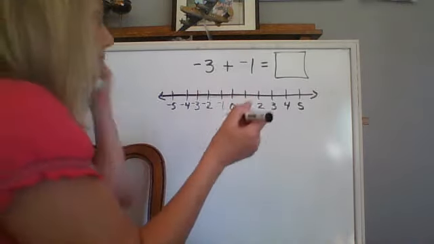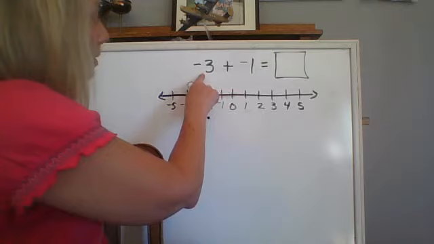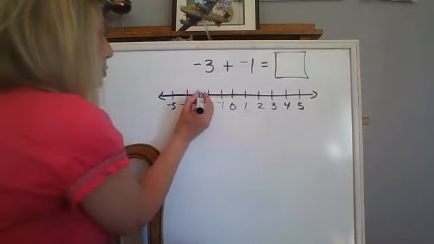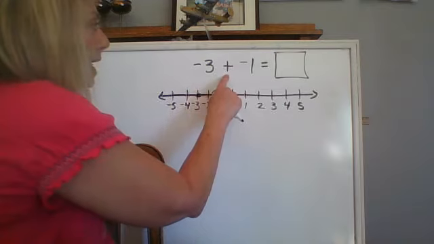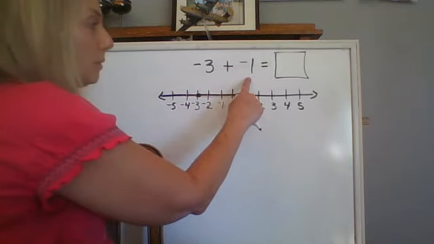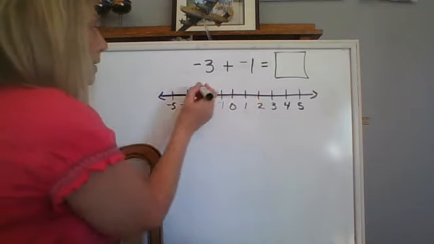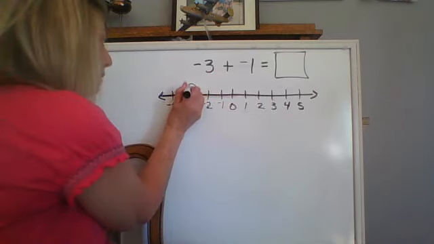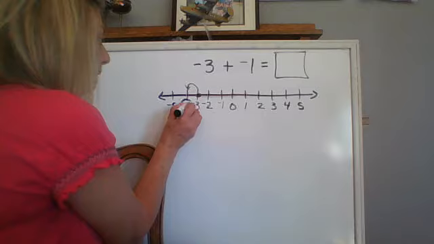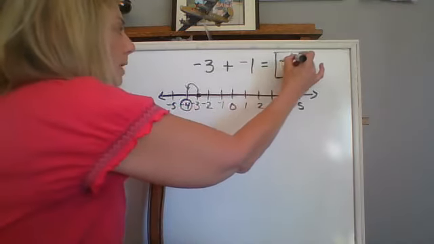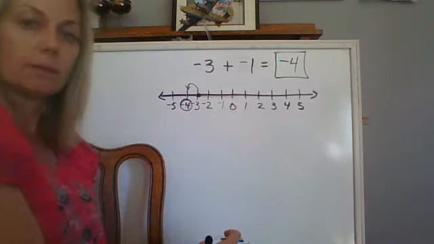But on a number line, this is where we're going to start. We're going to start out at -3, which is right here. And they're asking us to add another negative. So if I'm adding another negative, I'm just going to go to the left 1 place, and I end up with -4. That is where I land.